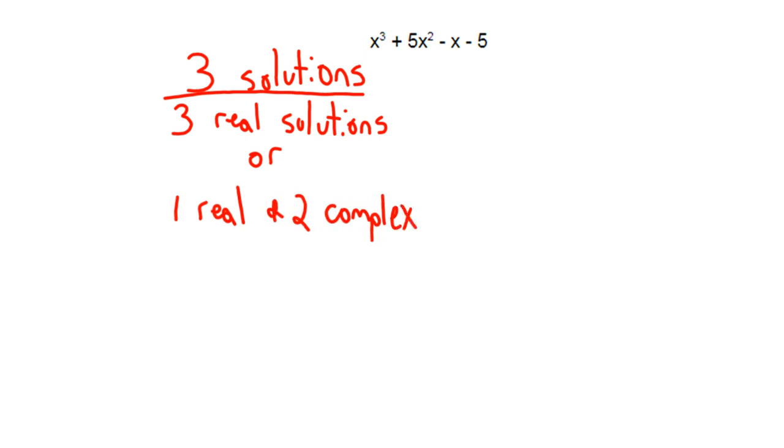Okay, so now we have an idea of how many solutions we have. We also have an idea of the possibilities for those solutions. Now we want to narrow down, and in this case, we do have to have at least 1 real solution. Let's find what the possibilities for that real solution are. We mentioned p and q. These 2 numbers come from the coefficient of my leading exponent and my constant.